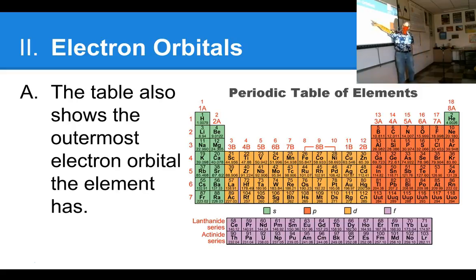And then lithium and beryllium have 2s. Sodium and magnesium have 3s. Potassium and calcium, 4s. Rubidium and strontium, 5s. And you see how this goes. Cesium and barium, 6s. Francium and radium, 7s. All of these end in the s orbital.